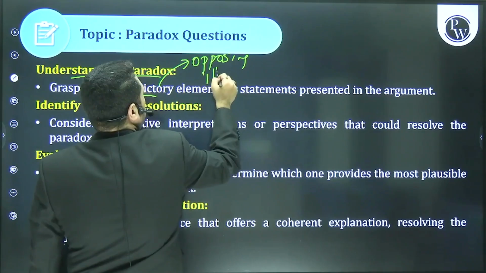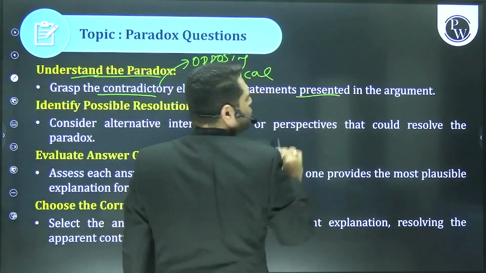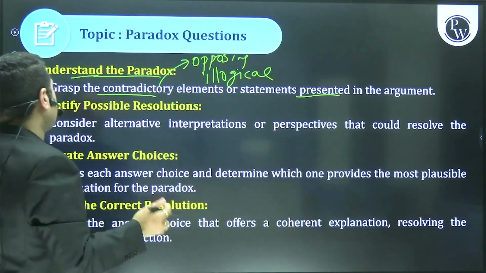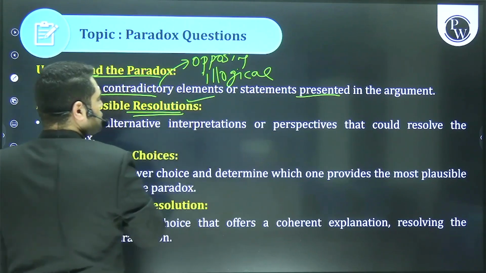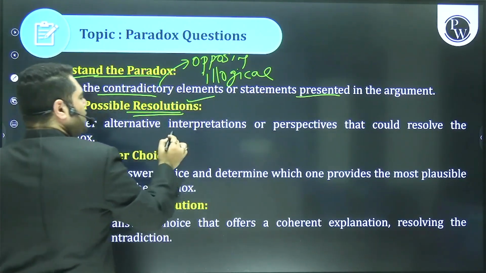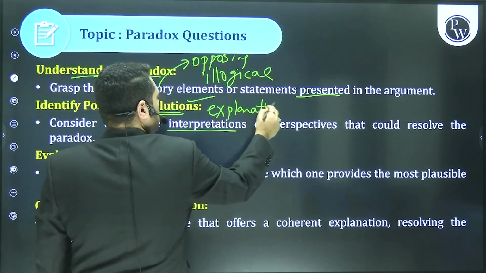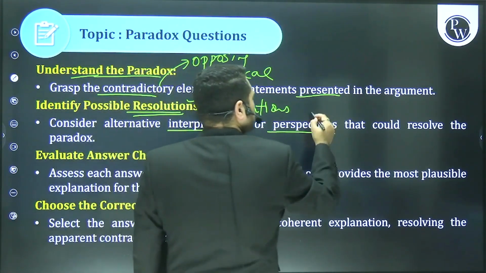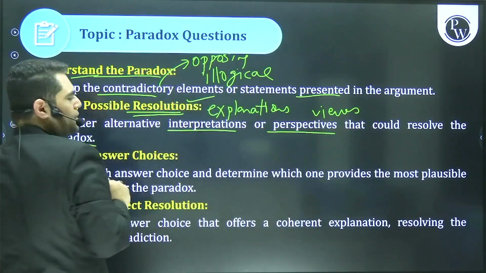Contradictory could be illogical, something that just doesn't make sense, presented in the argument, so it is not making any sense. Now identify what could help resolve this. So alternative interpretations. Interpretations are explanations, perspectives are viewpoints that could help resolve this paradox, obviously.